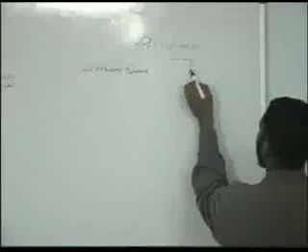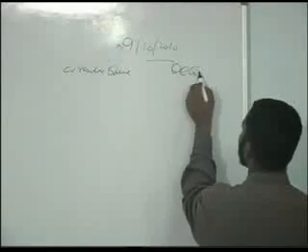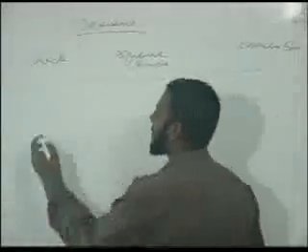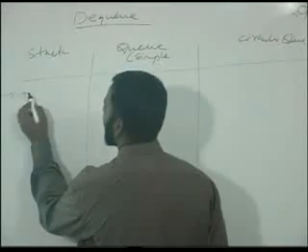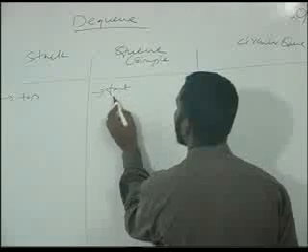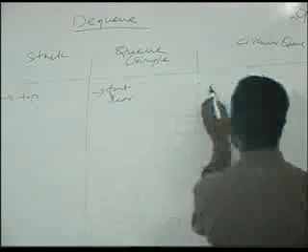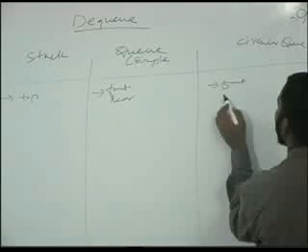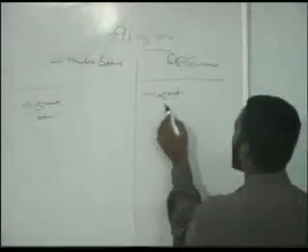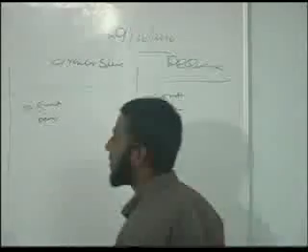Now we are going to see DQ. On stack, what are the attributes we use? Top. Here we will use front, rear. Here also we will use front and rear. In DQ also we will use front, rear.